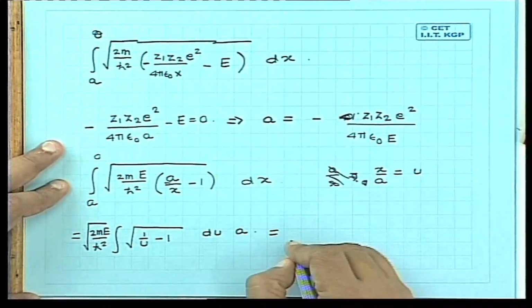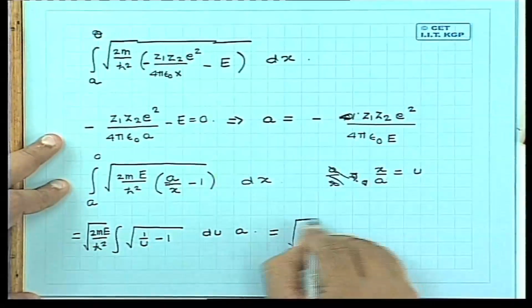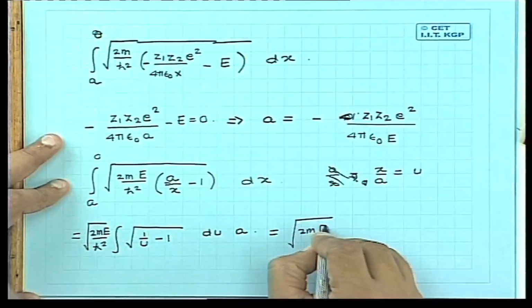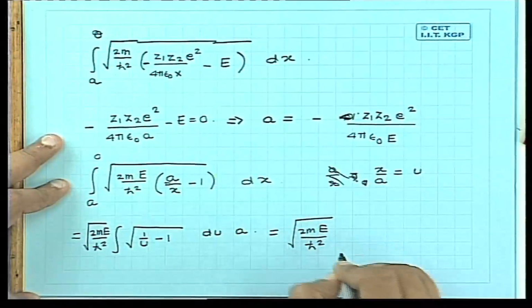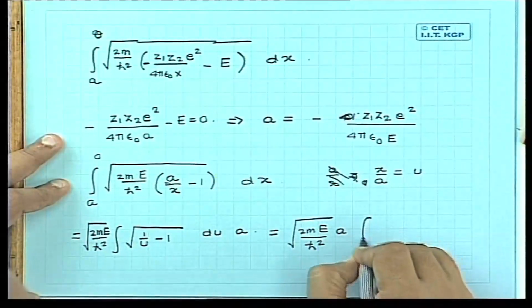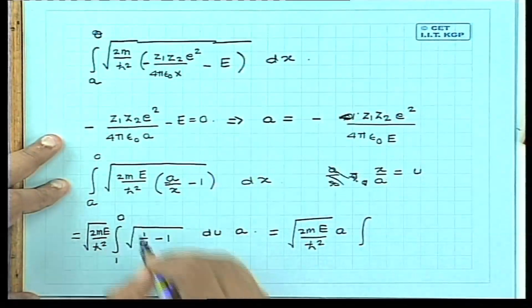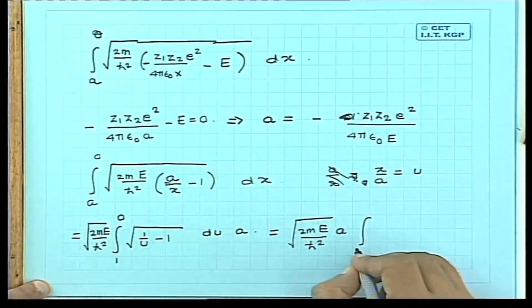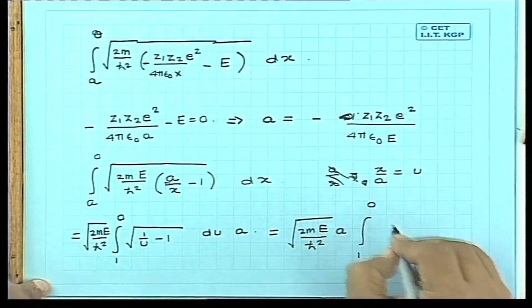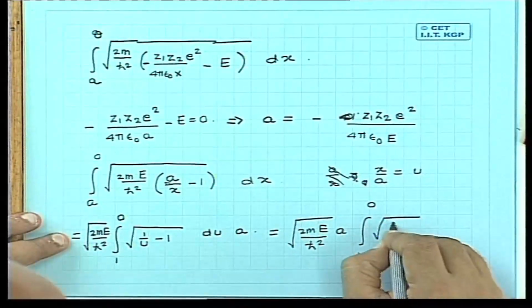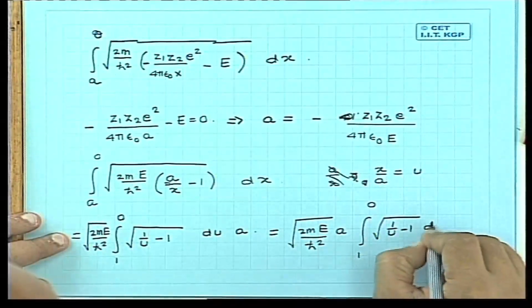So this is equal to square root of 2me by h cross square a, and here the limits get changed from 1 to 0, the integral of square root of 1 by u minus u du.